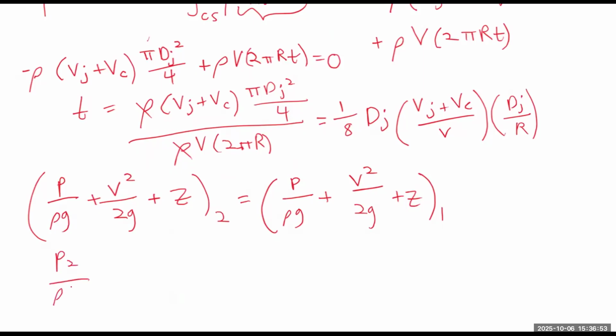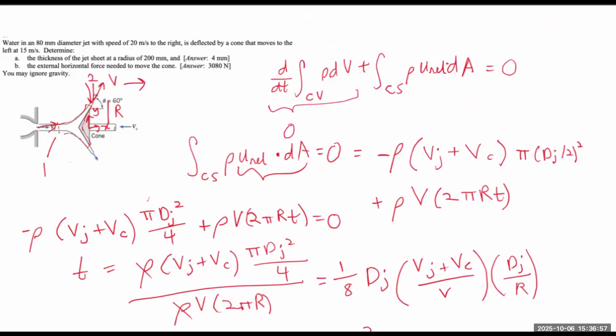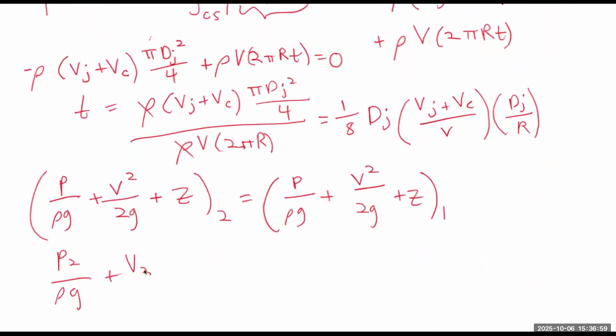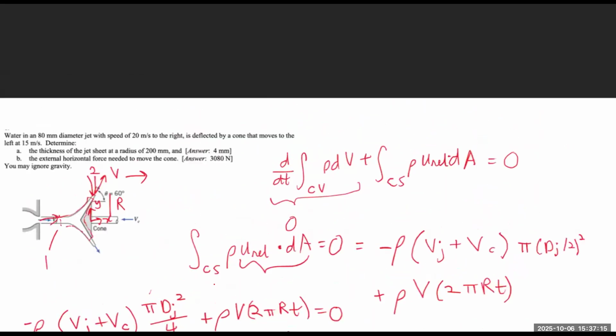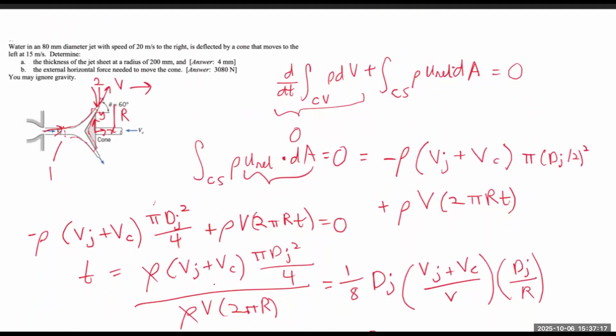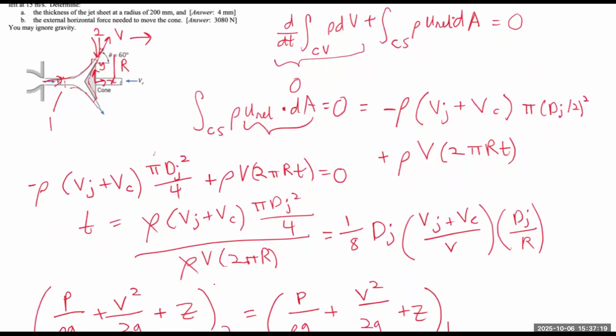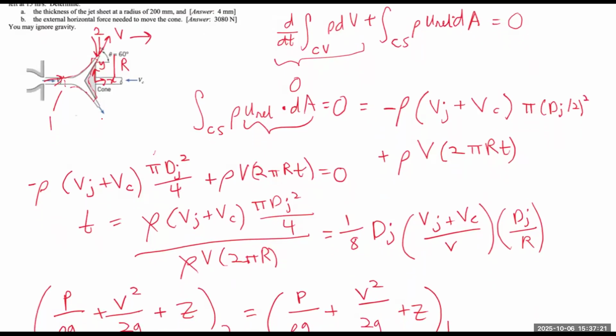P2 over rho G plus V2, which is actually just V from our diagram, over 2G plus Z2. Z2 is the elevation of point two from the coordinate system.